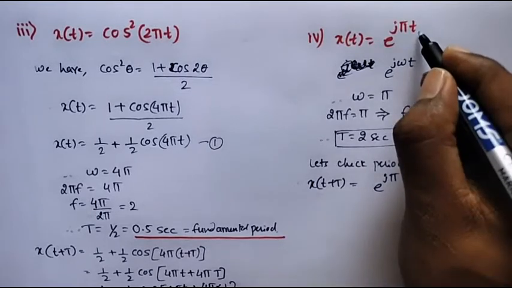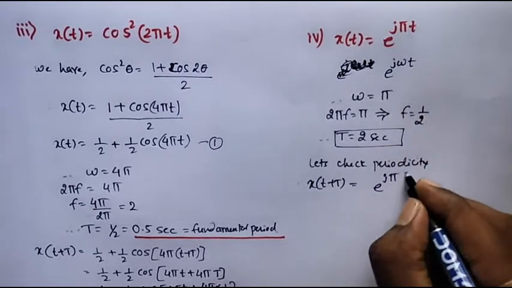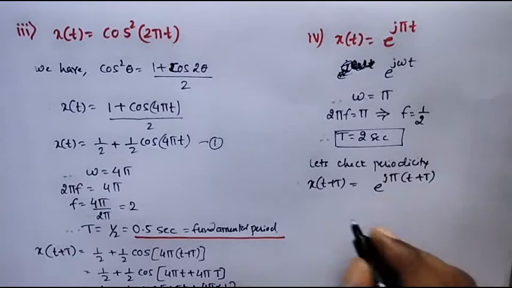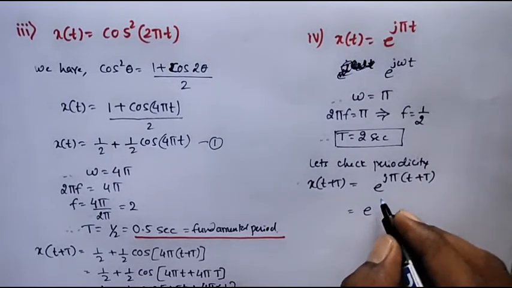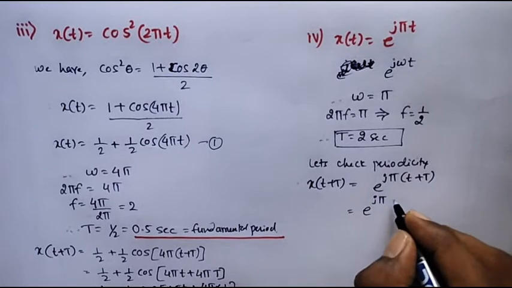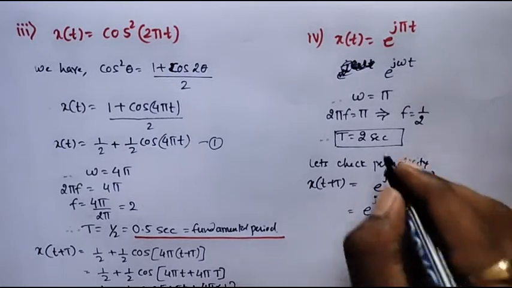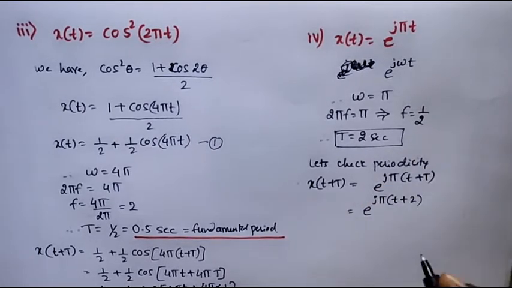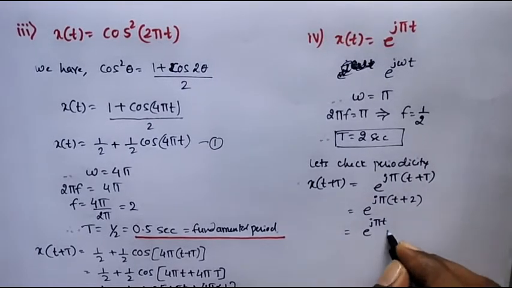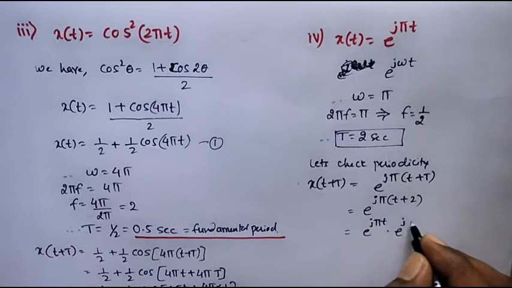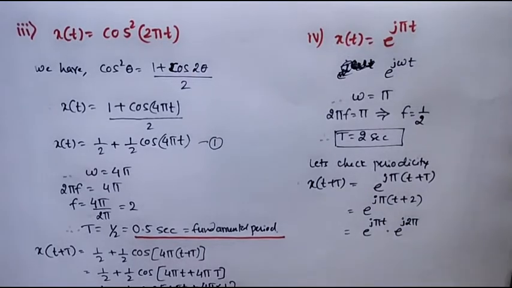Now I am supposed to replace this t by t plus T. Therefore I can write it as e power j pi t plus T, where T value is 2, or I can write it as e power j pi t into e power j 2 pi.